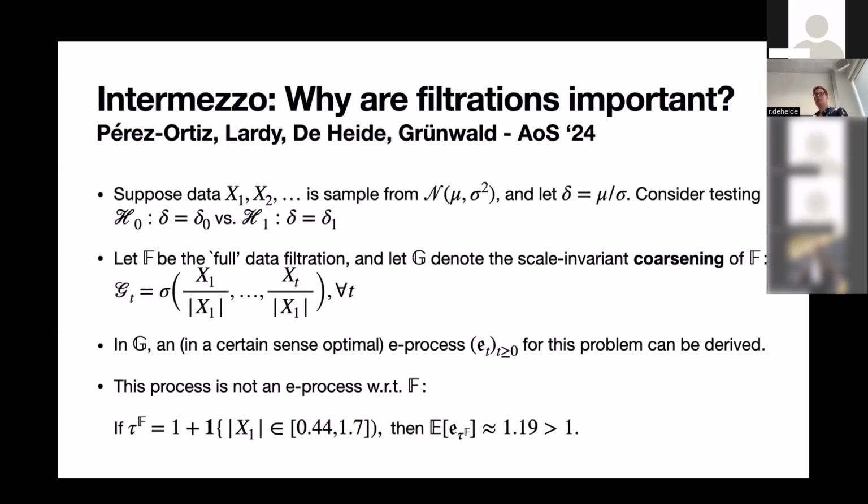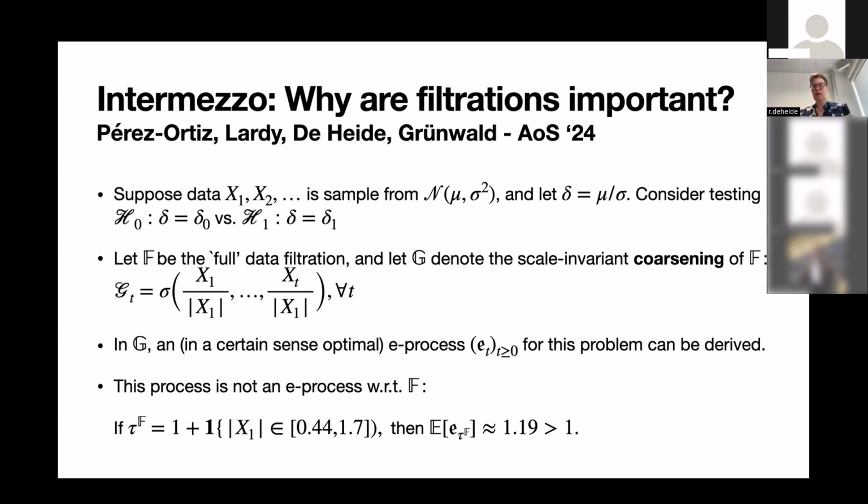But this e-process is then not an e-process with respect to the finer filtration, the full data filtration. And we showed that if you use a stopping time that uses the scale of the data, so here the stopping time is, we see whether the absolute value of the first data point is in some specific interval.